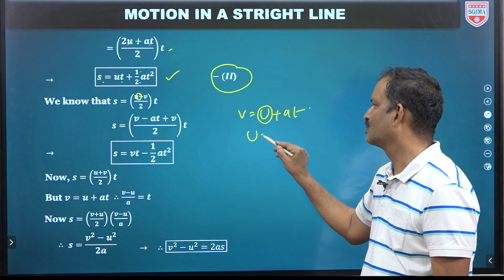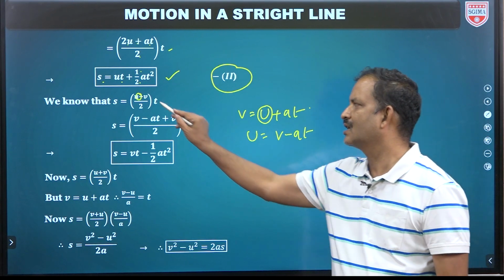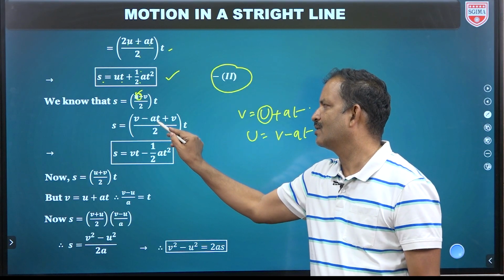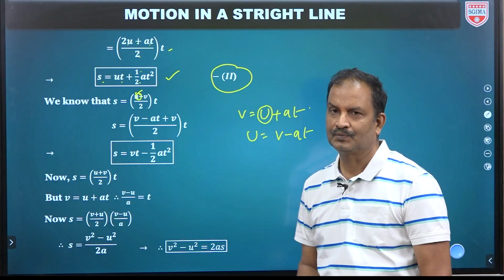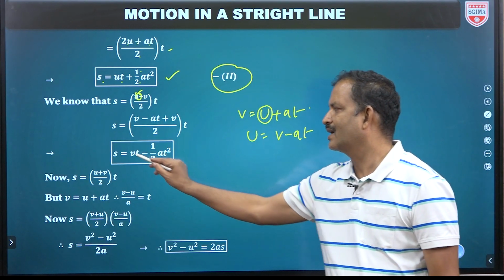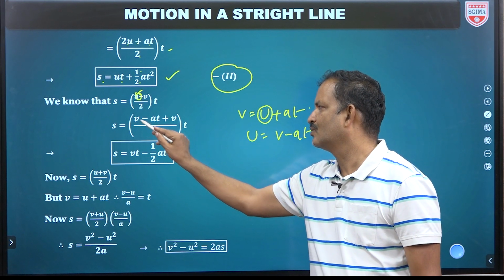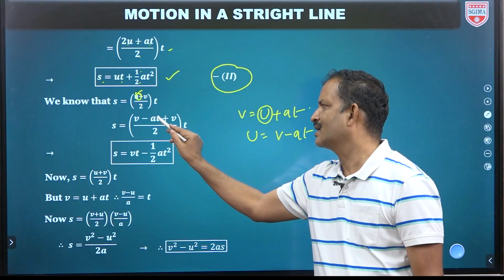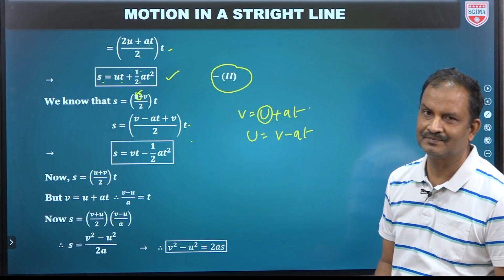U is equal to v minus at. So instead of u, I am writing v minus at plus v by 2, into t. Then you get s is equal to 2v by 2, so s is equal to vt minus half at square.